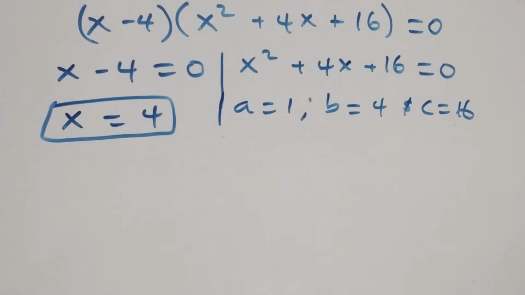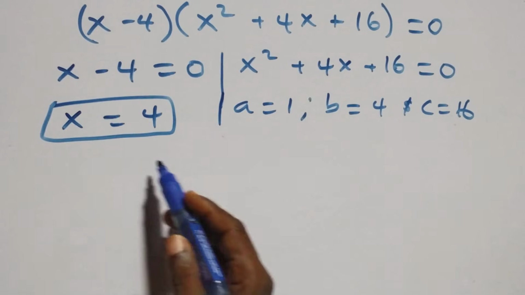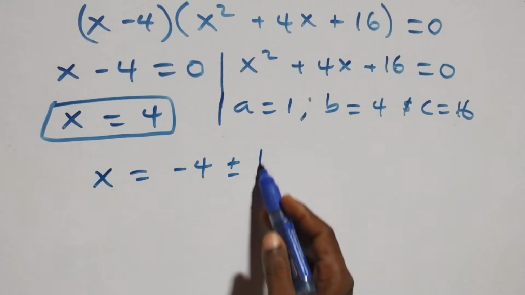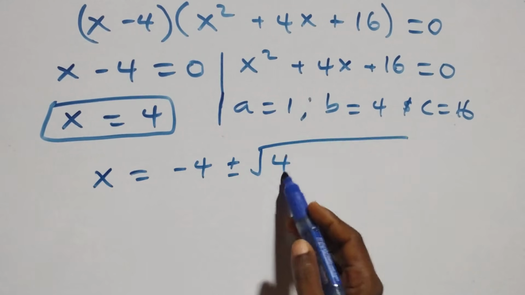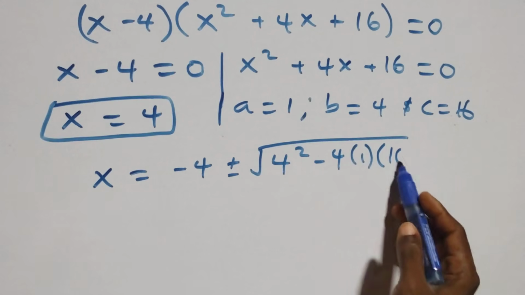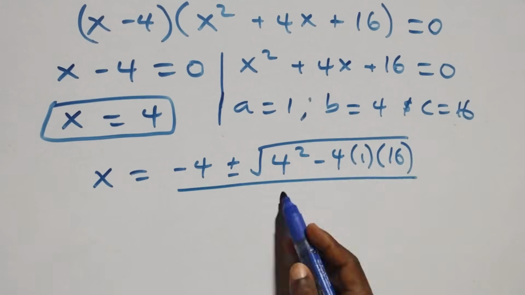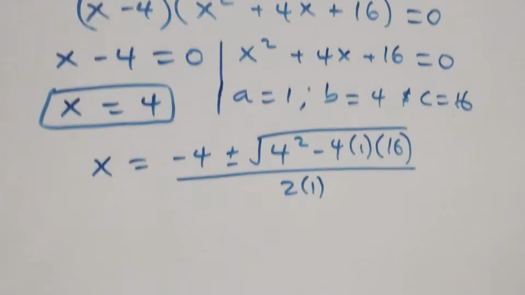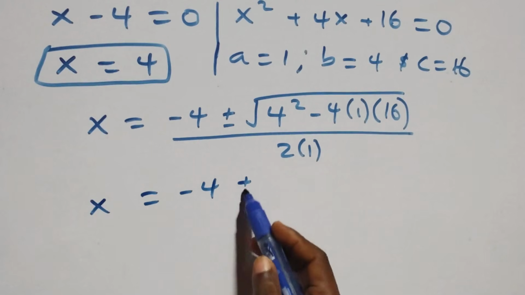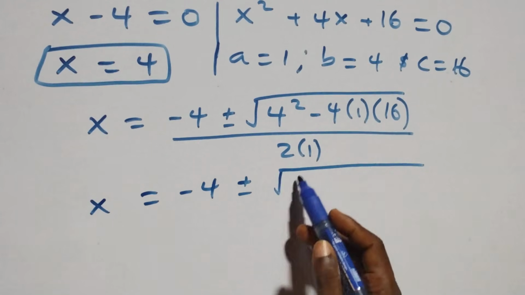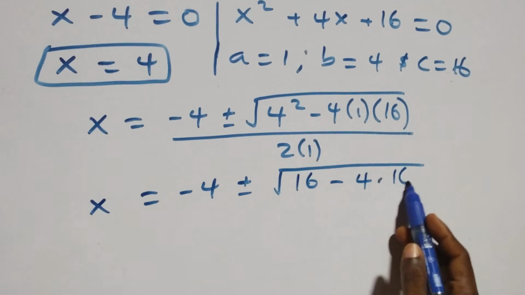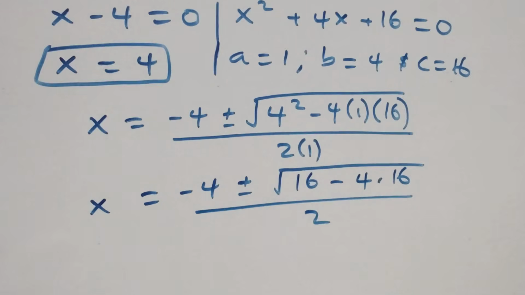Then also applying the quadratic formula, we have x equals minus 4 plus or minus square root of 4 squared minus 4 times 1 times 16, over 2 times 1. This gives x equals minus 4 plus or minus square root of 4 squared as 16 minus 4 times 1 times 16, the same thing as 4 times 16, all over 2.